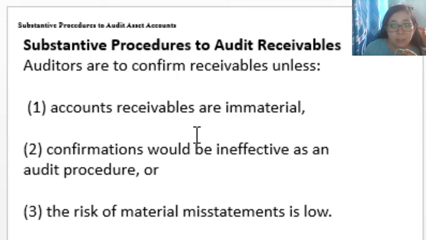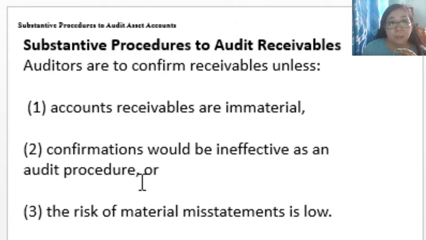In audit, the material amounts are those which the auditor is concerned with, which will have a material effect on misstating the financial statements. Therefore, if the amount is immaterial, the auditor may disregard such account.